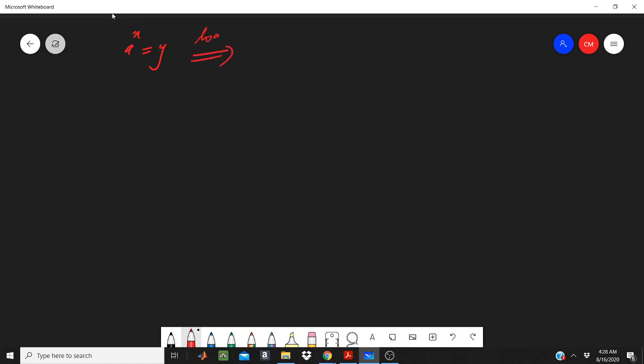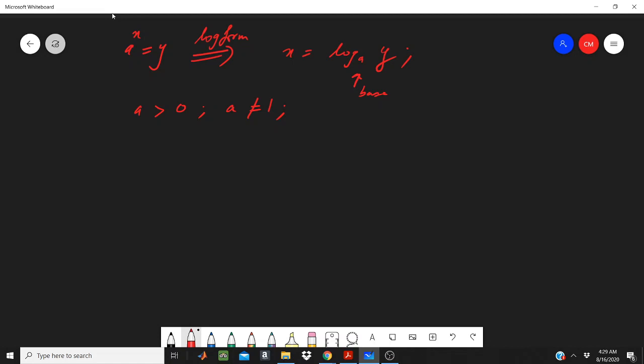Log form is given as x equals log a of y. So this thing here is called the base of the logarithm. This base a has to be greater than 0, it has to be positive, and it cannot be equal to 1.